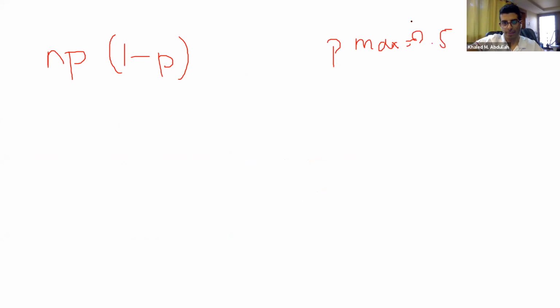So look, this is the formula, np into 1 minus p. Now, do you need to know that this is the way it's understood? No, I'm just using this way to make you understand, because I'm sure you remember this. It's somewhere in your head. But all I need you to know, the main goal of all of this that I'm about to show you, is just remember p is at a maximum at 0.5.